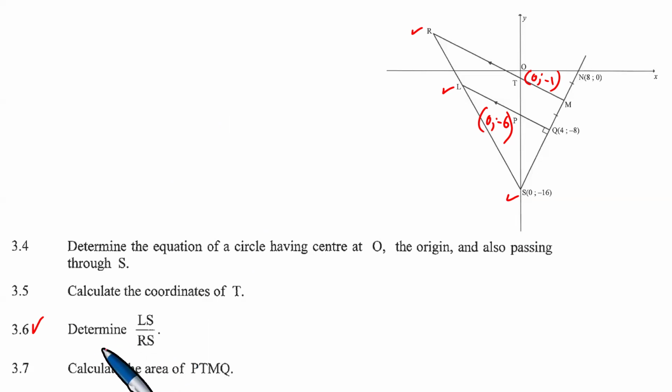Okay, now we want to determine LS over RS. And so the question is, what then do we do here? To do that, we first note that LS over RS is equal to... if you look at the LS, what will it be associated with?